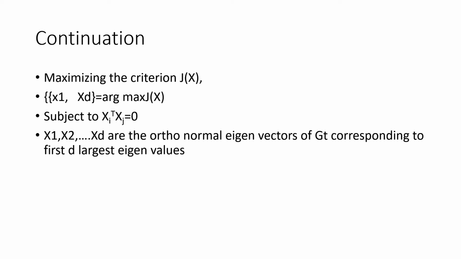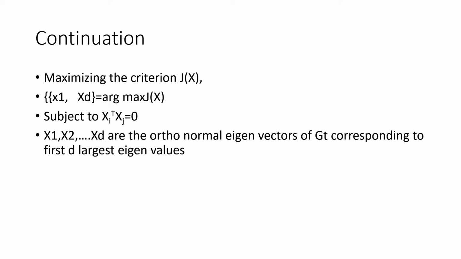Suppose X1 and X2 are said to be orthonormal if X1 transpose into X2 is equal to 0. Keeping these constraints in mind and maximizing the criterion J of X, we get eigenvectors X1 to Xd of the top d maximum eigenvalues, subject to the orthonormal constraint Xi transpose into Xj equal to 0.